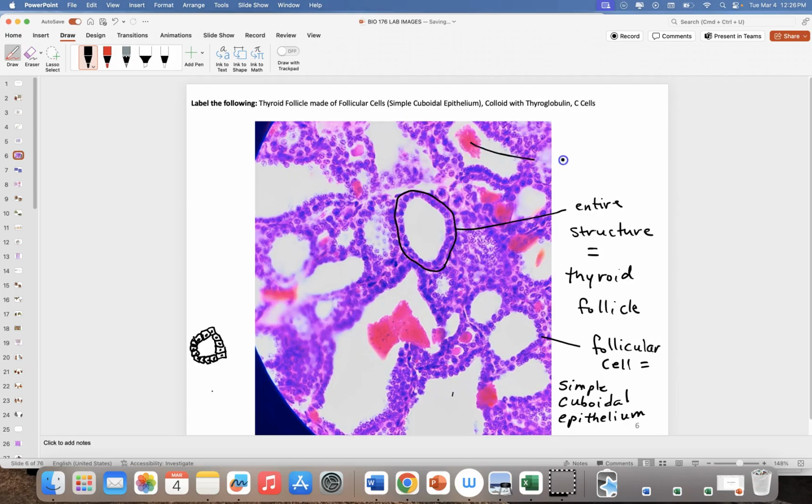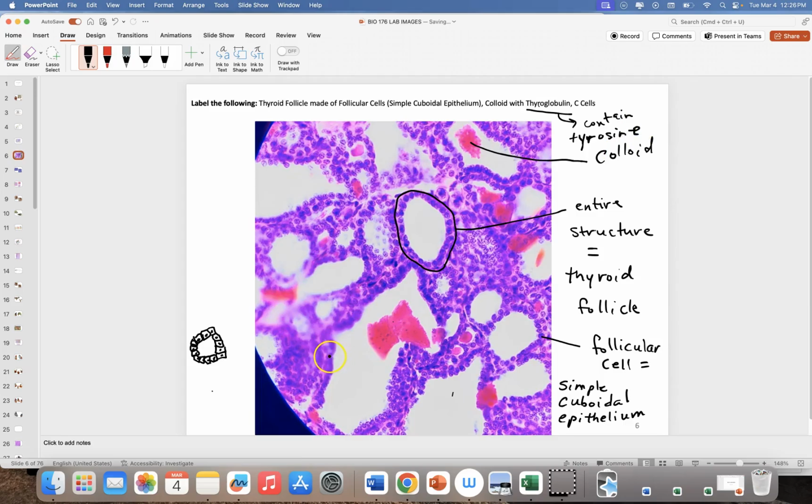But again, on the inside, that's where we have the substance known as colloid with the protein thyroglobulin. And that is what is going to contain that amino acid tyrosine. And again, that's going to be important for making the thyroid hormones T3 and T4.